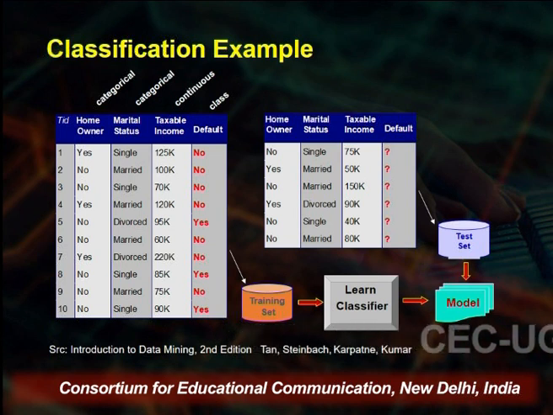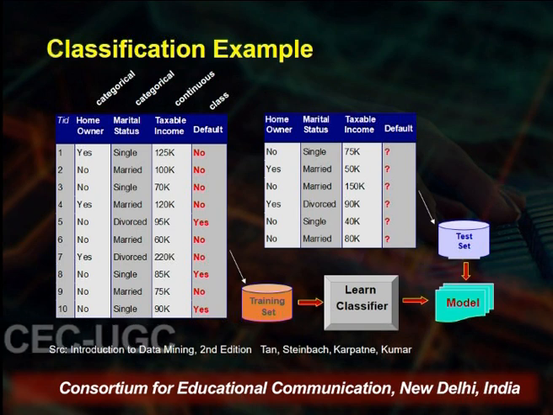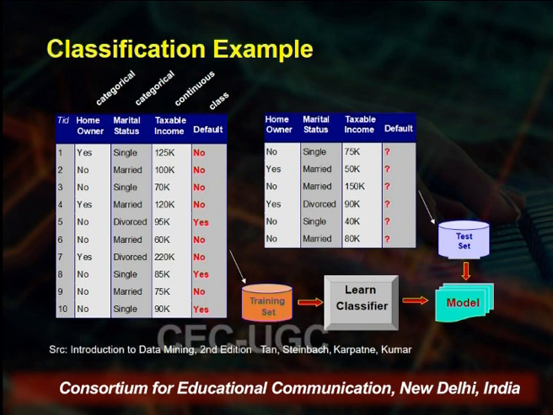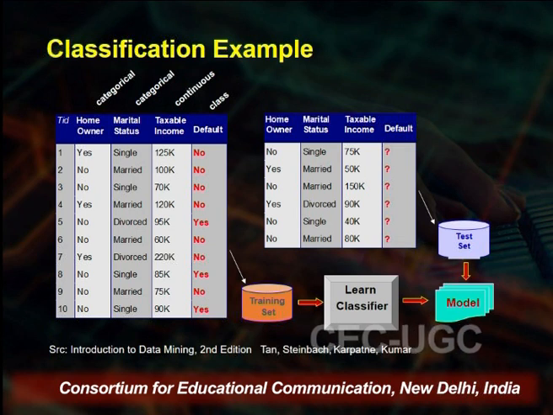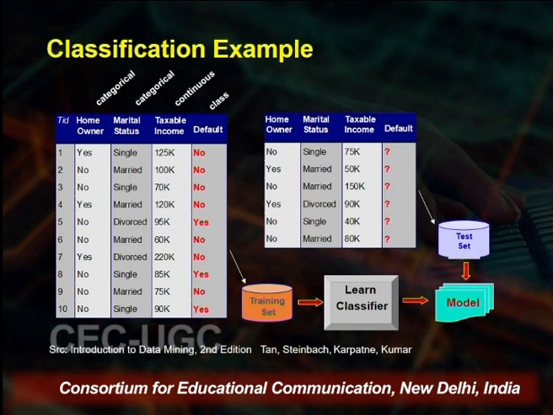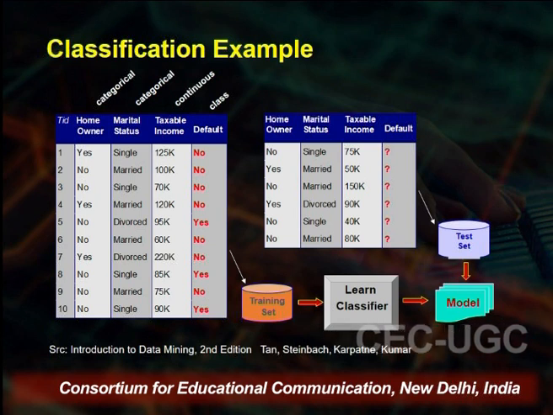And then there can be continuous attributes, like taxable income. We need to use these different attributes for building a classification model, for classifying the data set into different class labels.